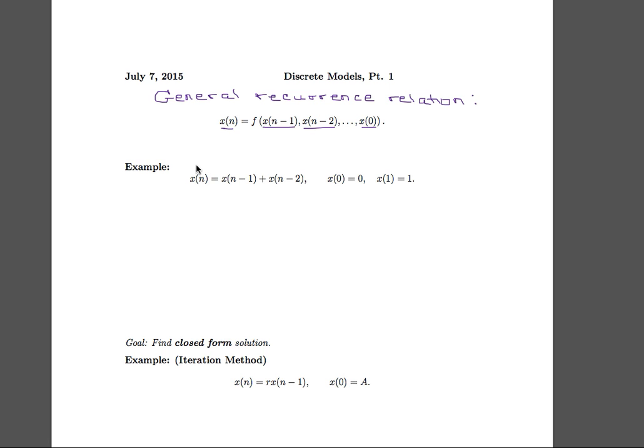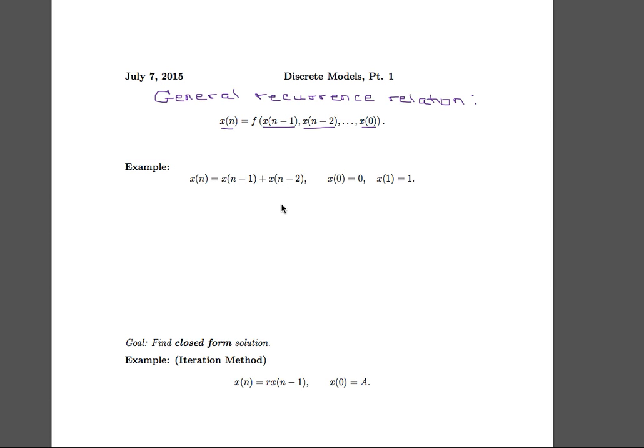Okay, so let's go ahead and look at this example. So here's a recurrence relation: x of n equals x of n minus 1 plus x of n minus 2.